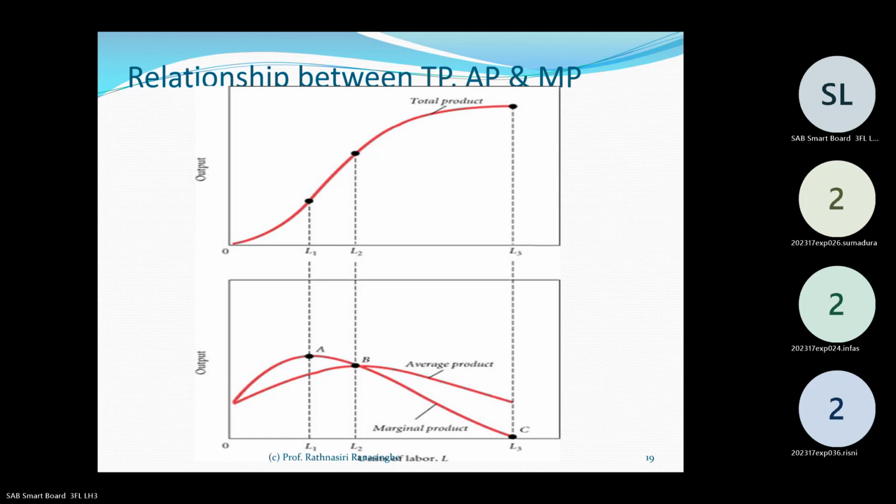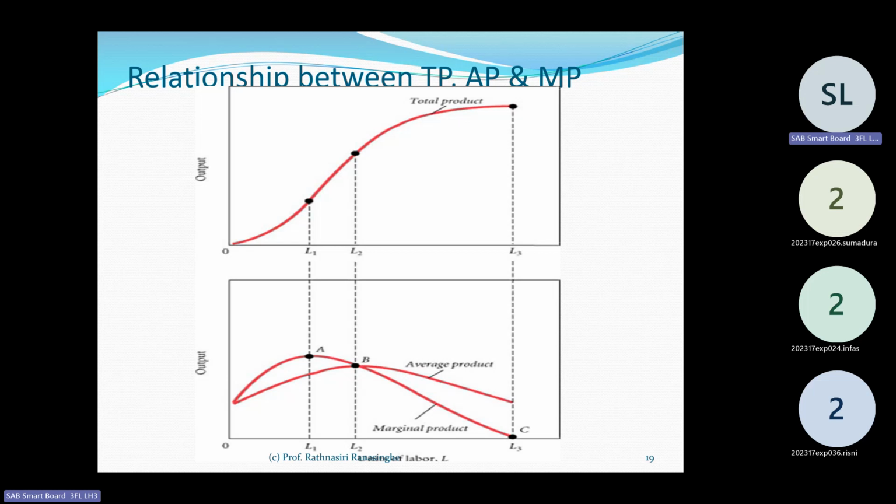Here, marginal productivity and average productivity are equal. That is a very important point: at this point, average productivity is maximized, right?